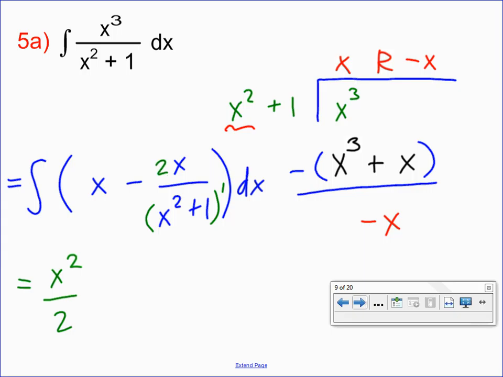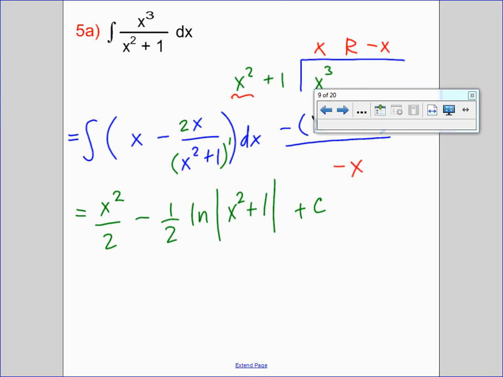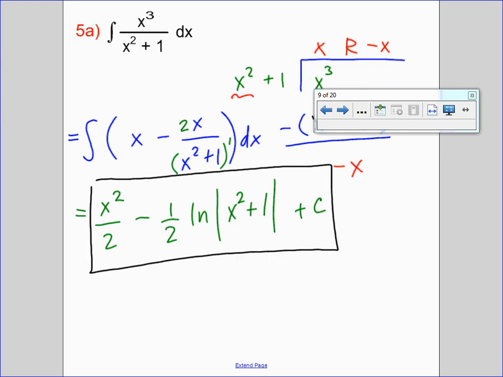If I had a 2x, then I could go natural log, but I didn't, so I'll have to include a 1/2 natural log of x squared plus 1. Absolute value bars are unneeded, but I always include them. Plus c. And so I think we're set. That's pretty sweet.